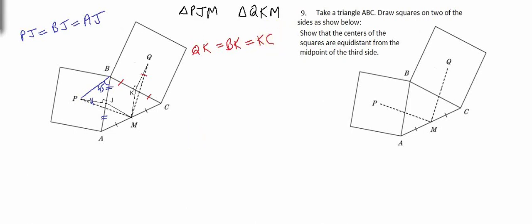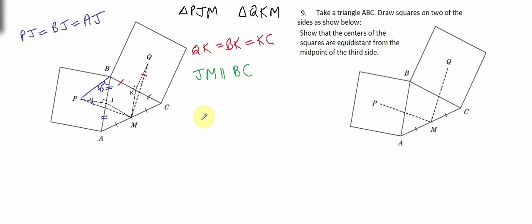Now J is the midpoint of BA as mentioned earlier, and M is the midpoint of AC, given in the question. So from basic proportionality theorem we have JM parallel to BC.